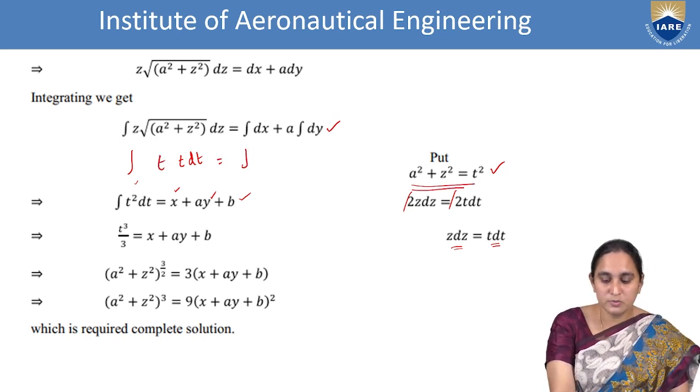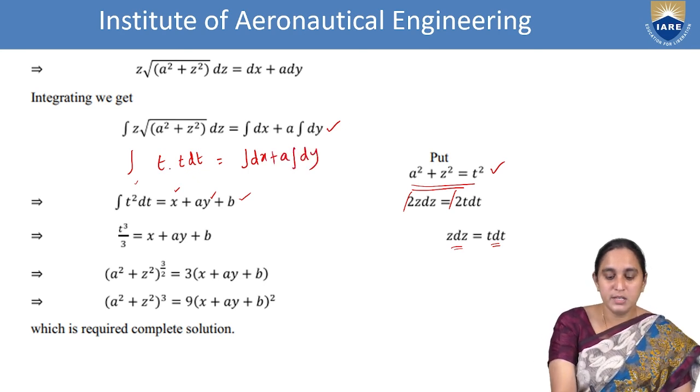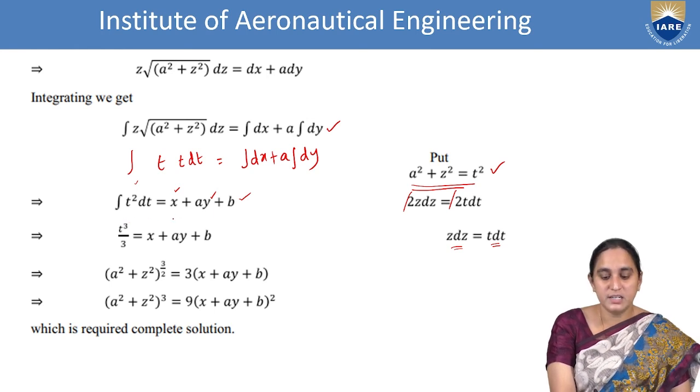That is equal to integral dx plus a into integral dy. T into t means the integral of t square dt, equal to integral of dx plus a into integral dy. Now integrate both sides: t square integration is t cube by 3. Already we discussed the RHS, directly we got x plus ay plus b.